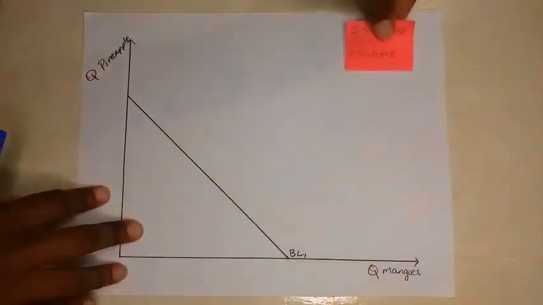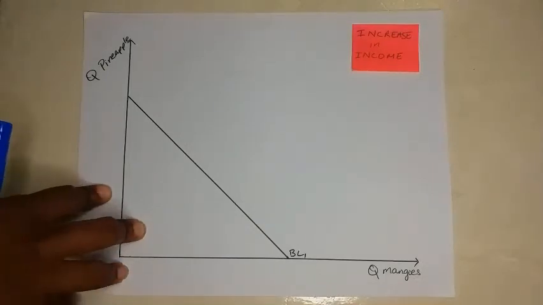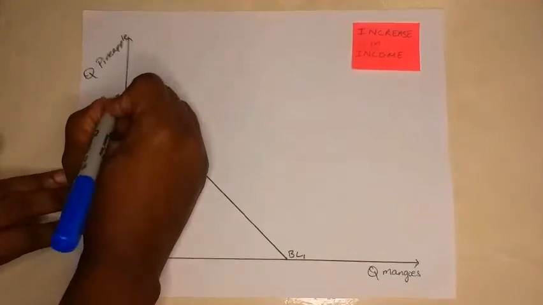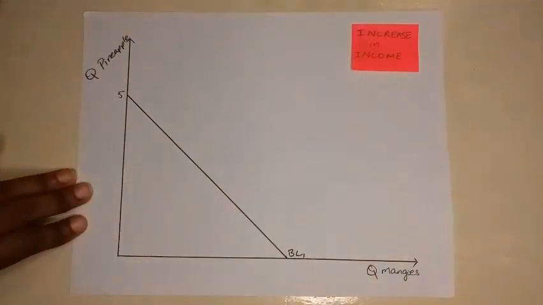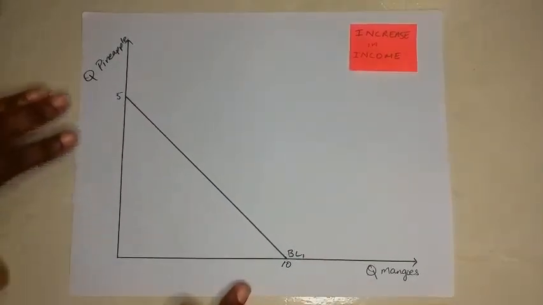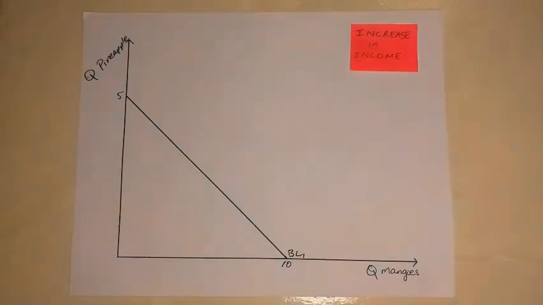And we have this increase in income. So let me put back the maximum points here. We said we will get 5 units of pineapple and 10 mangoes. This of course is assuming that our income was $20.